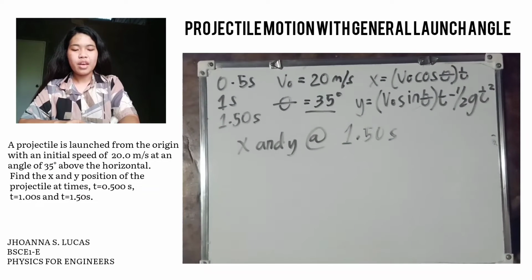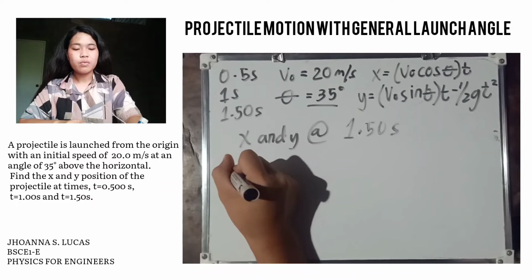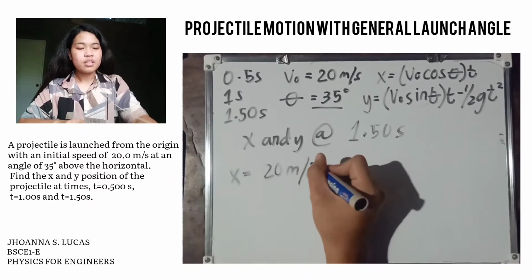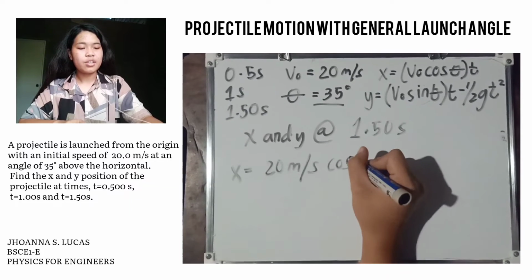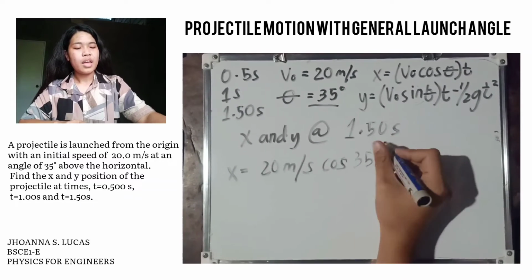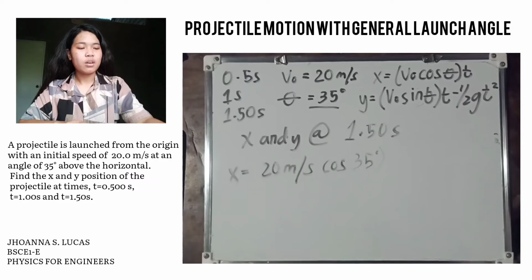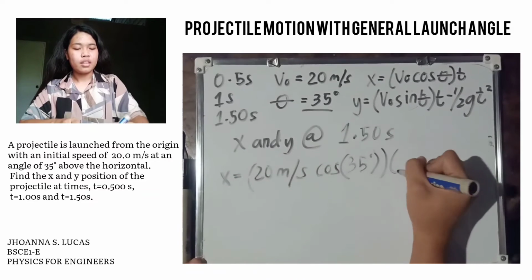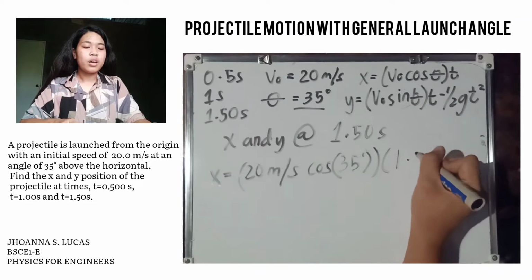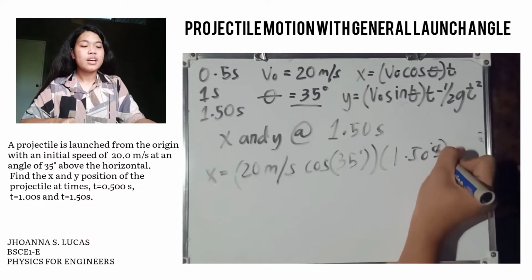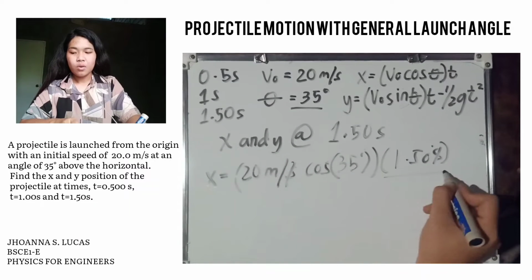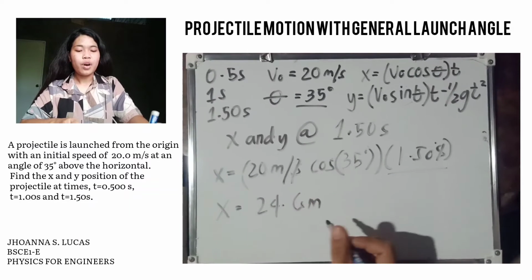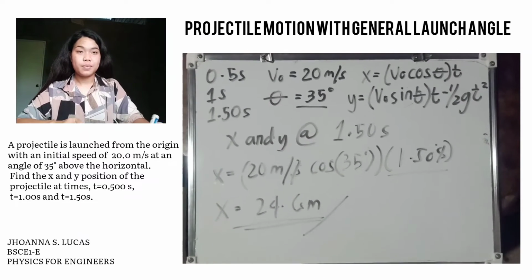For x, we have initial velocity, which is 20 meters per second, cosine theta, where theta is 35 degrees, times time, which is 1.50 seconds. So, let's cancel the seconds, and 20 meters times cosine 35 degrees times 1.50 is equal to 24.6 meters. So, our x is 24.6 meters.